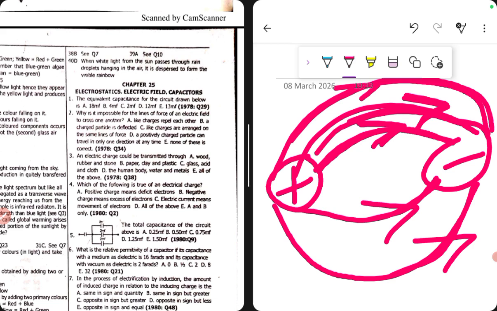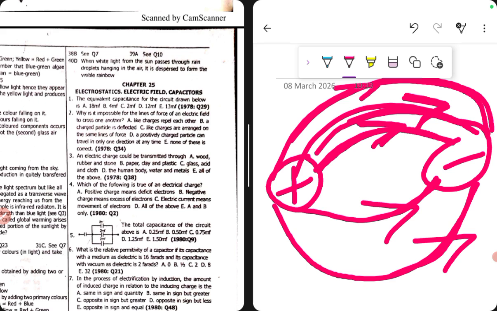Now question 3 says an electric charge can be transmitted through dash. A says wood, rubber, and stone. B says paper, clay, and plastic. Now looking at it, wood is not a conductor, so it is out. Paper is not a conductor, so it is out. C says glass, acid, and cloth. Cloth is not a conductor, so it is out.